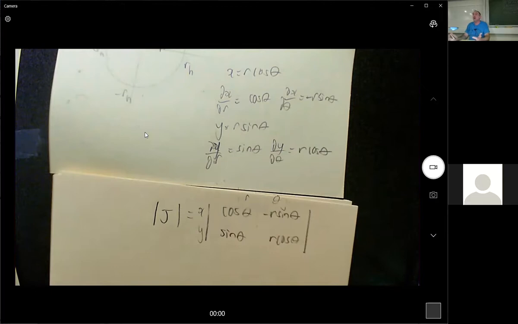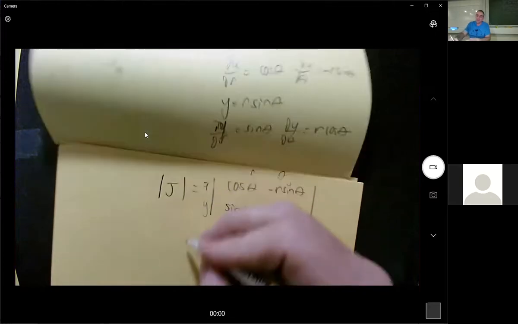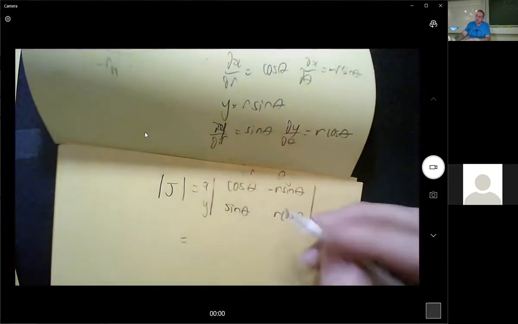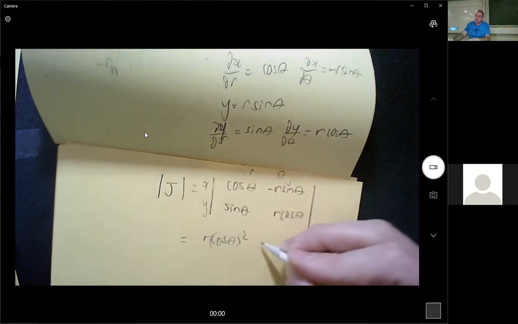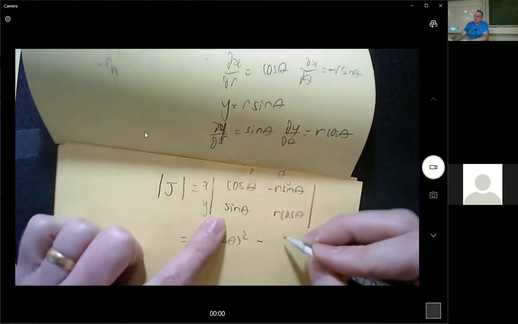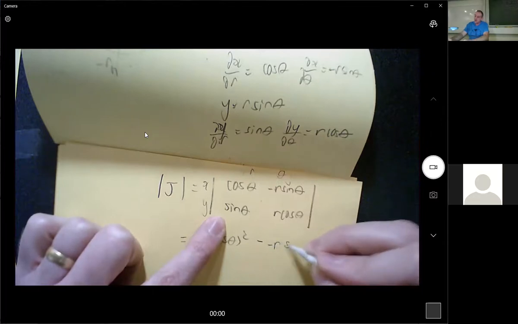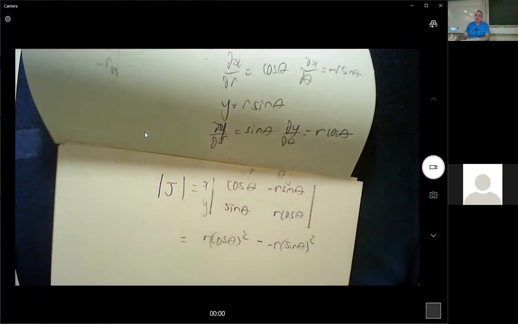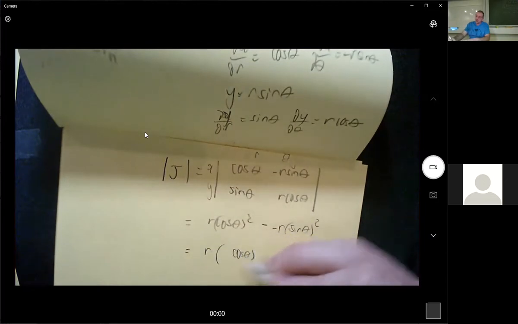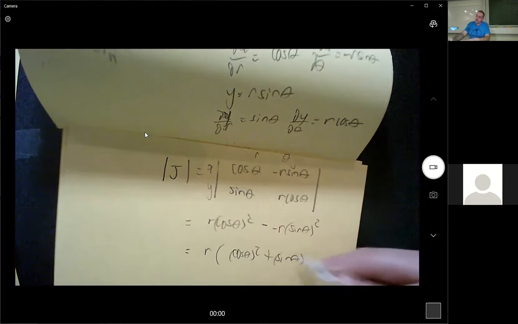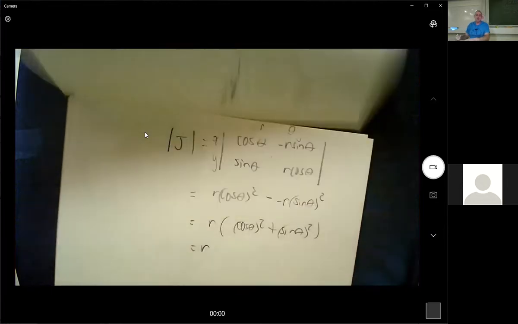It doesn't really matter if we had it around the wrong way, the determinant is the same anyway. So that would be cos theta times r cos theta, which is r cos squared theta, minus sine theta times minus r sine theta. And so I've got r outside of cos squared theta plus sine squared theta, which is r. Yay.